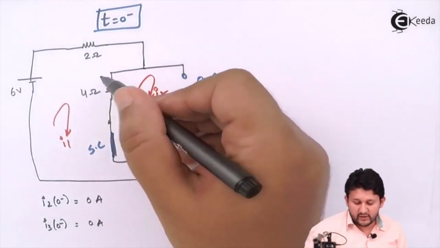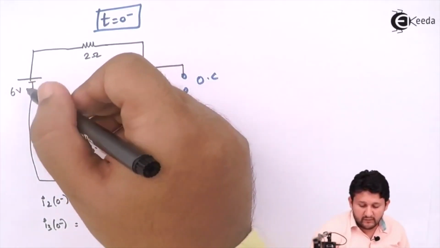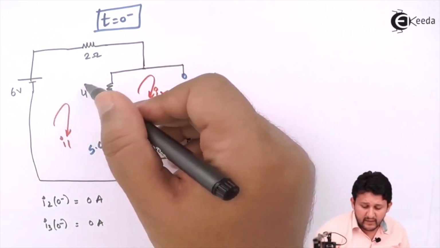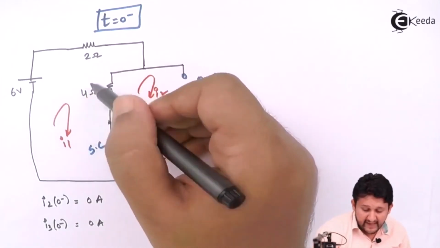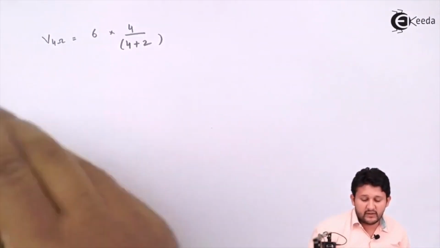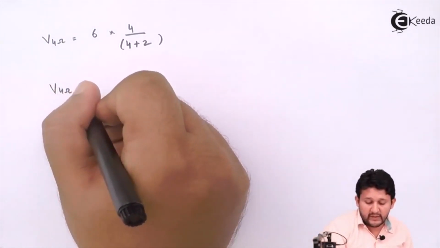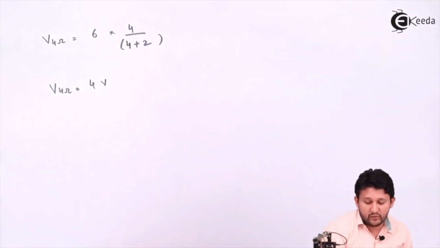So voltage across 4 ohms is nothing but 4 volts.